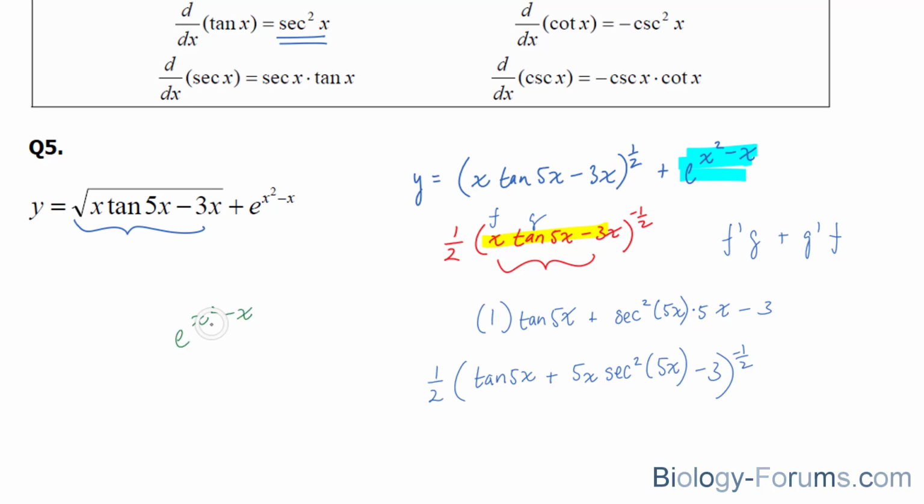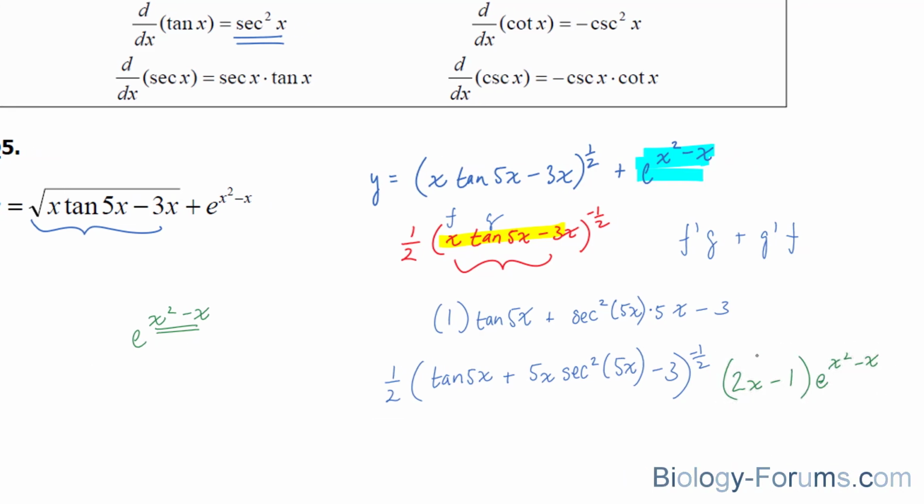To differentiate this, you differentiate the exponent using the power rule, minus 1 times e to the power of 2 minus x. And we're going to bring this over here. Put a plus sign. And there you have it.